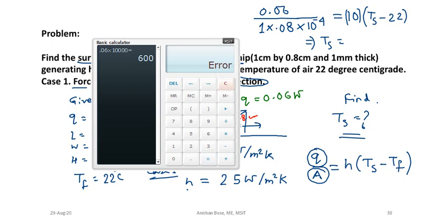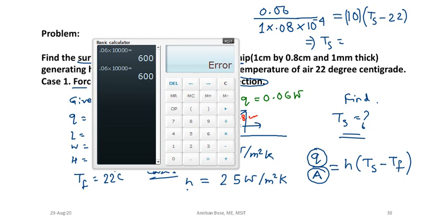Oh, it's not taking. What is the problem?